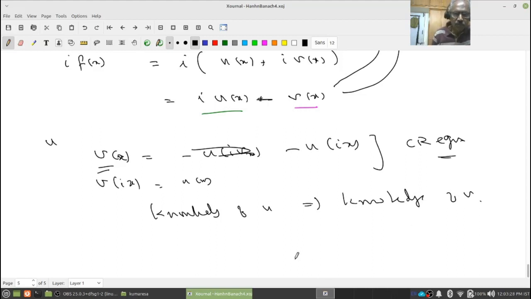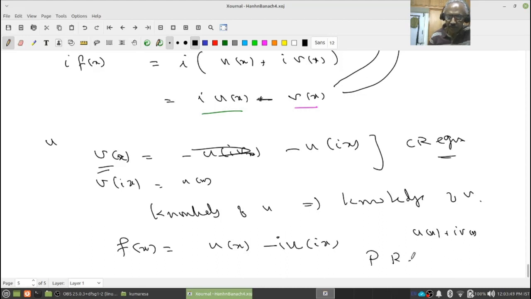So my f of x therefore happens to be u of x plus i times v of x, and v of x is minus u of ix, therefore u of x minus i times u of ix. Is it clear? Please pause, review, proceed.